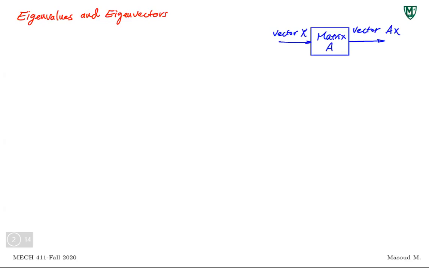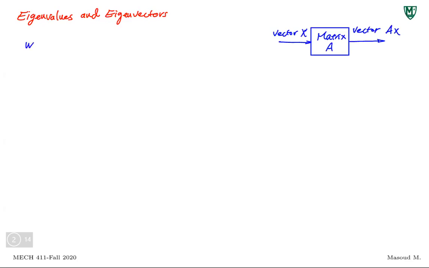Now, when Ax is parallel to x, then x is an eigenvector. And it's as simple as that. Mathematically speaking, that is the special case that I said. Vector x goes in, vector Ax comes out. When Ax is parallel to x, x is an eigenvector. So let me just write it here.